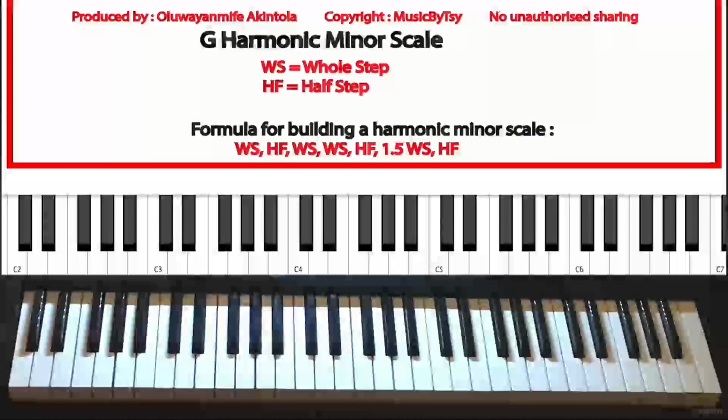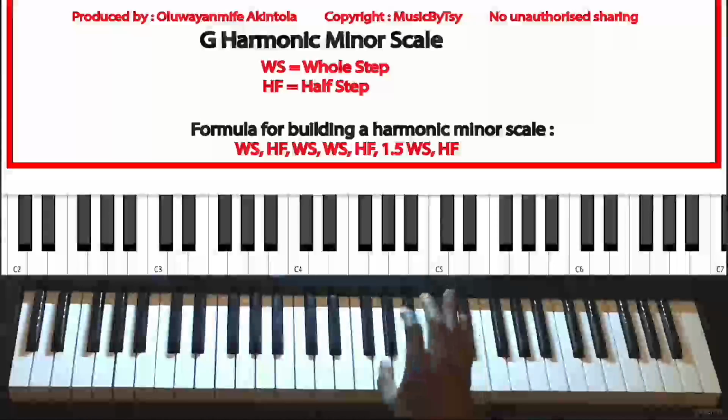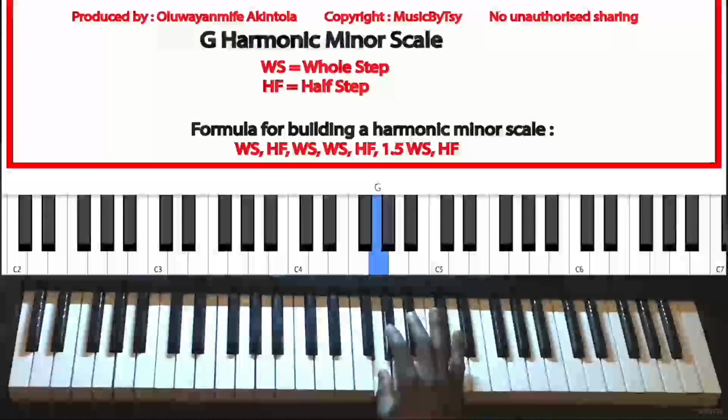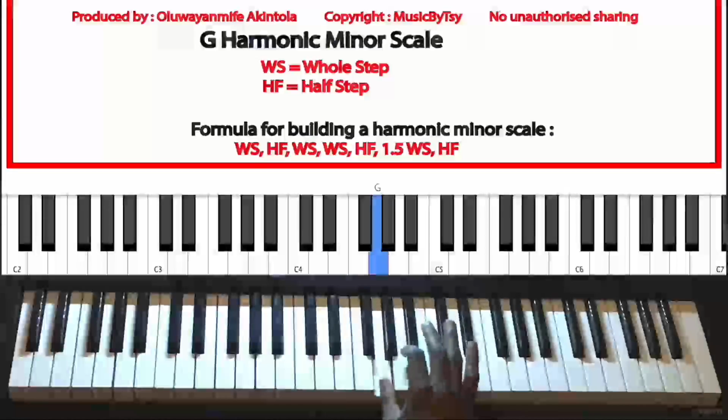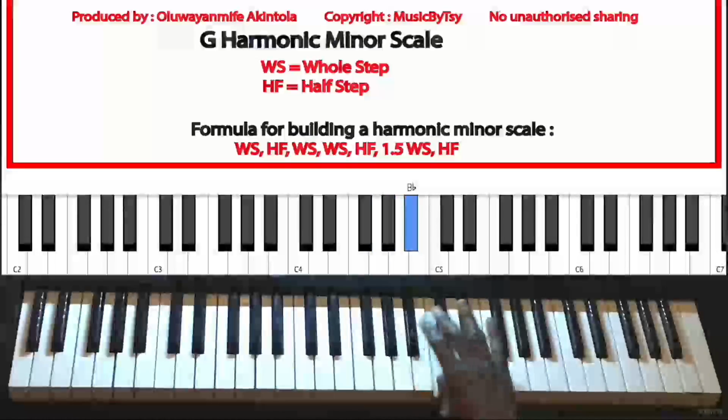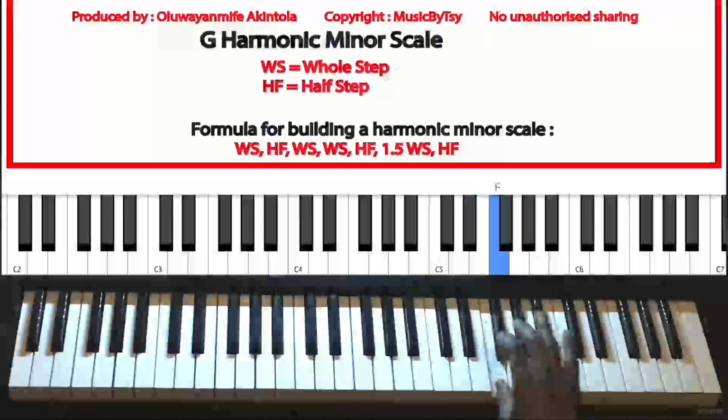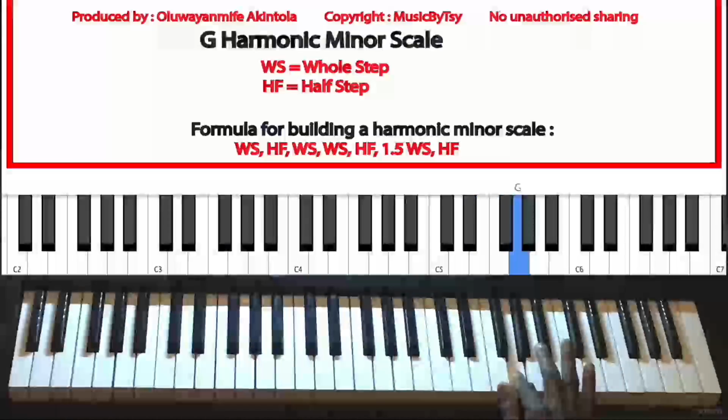So let's start. Using the first method, first of all, just to remind you, the G natural minor scale looks like this. See that? That is the G natural minor scale.